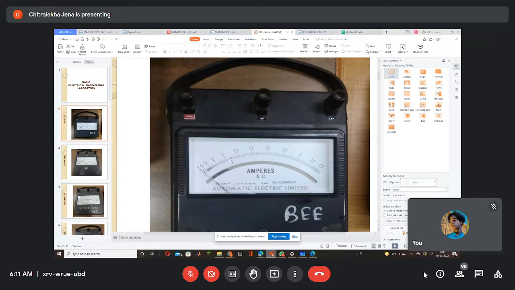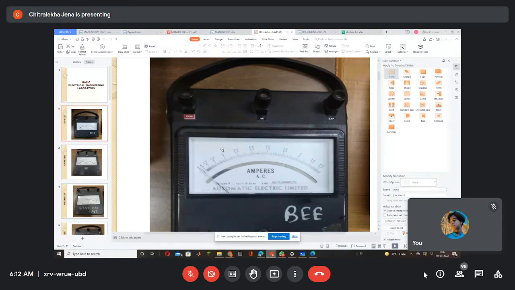If you have connected to the 2.5 ampere range and the pointer is at this position, you have to take the lower reading, that is 1 ampere. And if you have connected to the other knob and the pointer is at the same position, then you have to take the upper reading.